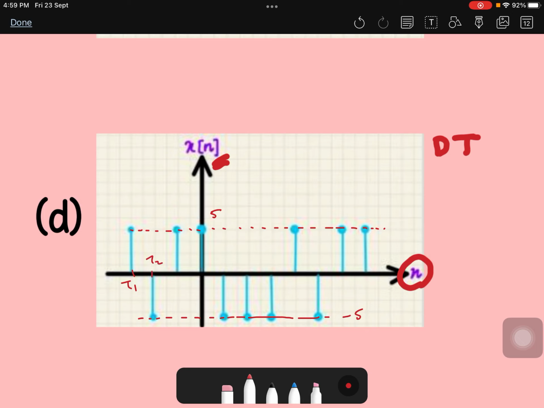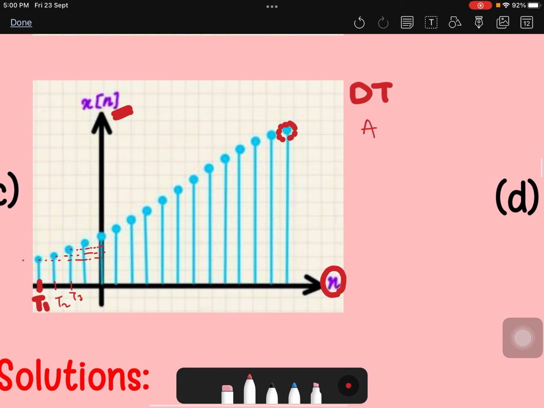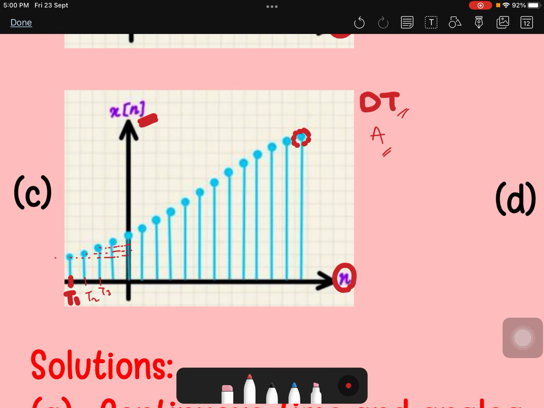At T2 here, the value is minus 5. So the amplitude changes only between two values, positive 5 and minus 5. Therefore, this is again a digital signal. So it is a discrete time signal and digital at the same time. This one is a discrete time signal and analog at the same time. So that's how you differentiate.